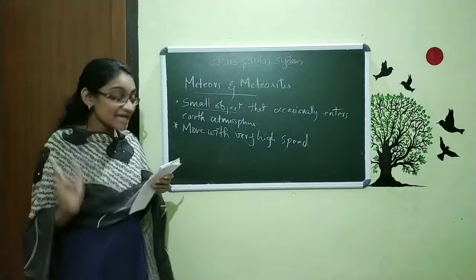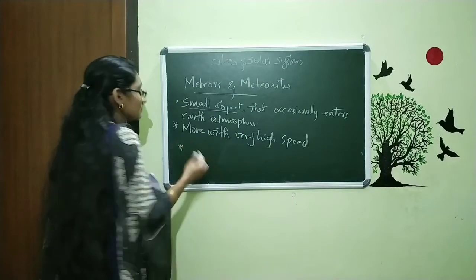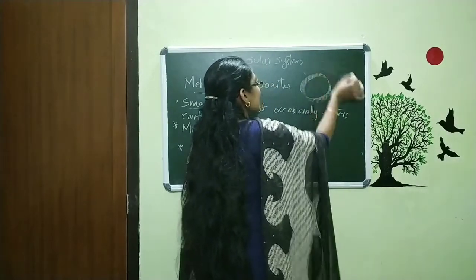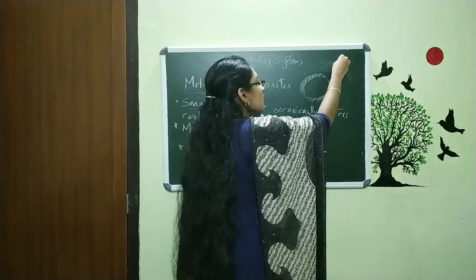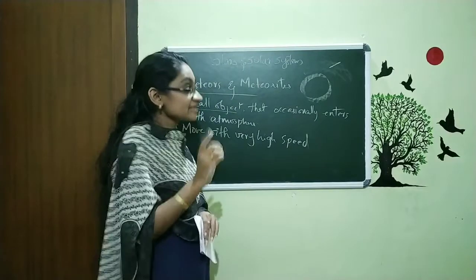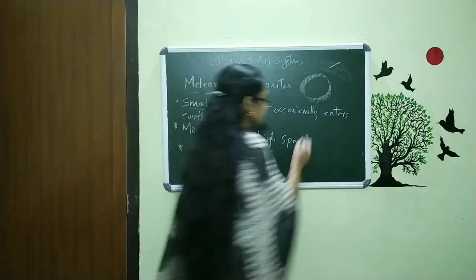Because of this high speed, something occurs. We said that this is our Earth, and the Earth has an atmosphere, and some small objects come into the atmosphere of the Earth. And the thing is this, in our atmosphere we have friction.